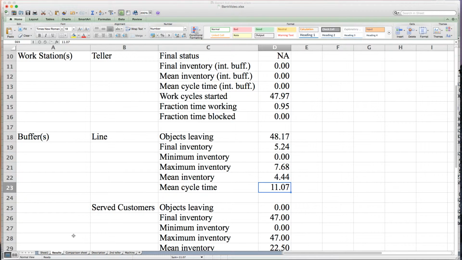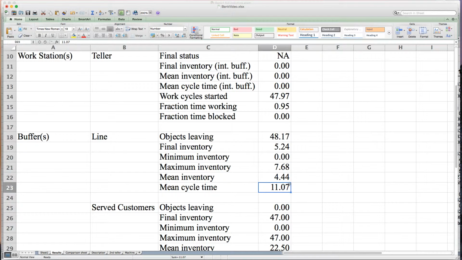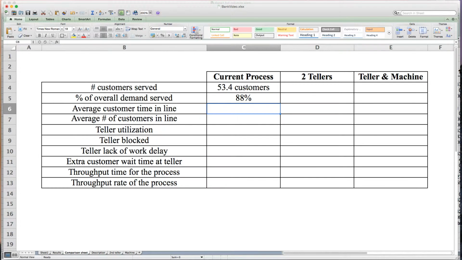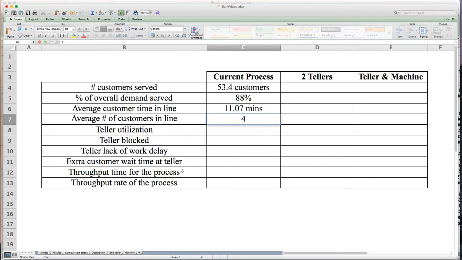So over here, when we're asked for our time in line and our number of customers in line, time in line is 11:07. Ooh, that's pretty long. So let's go 7 minutes. Okay, average number of customers in line, 4.44. Okay.